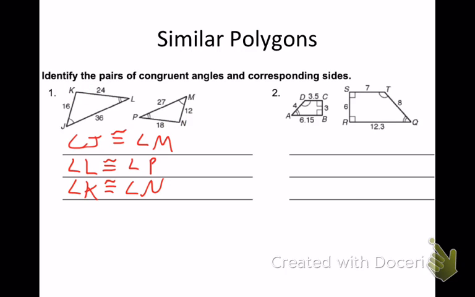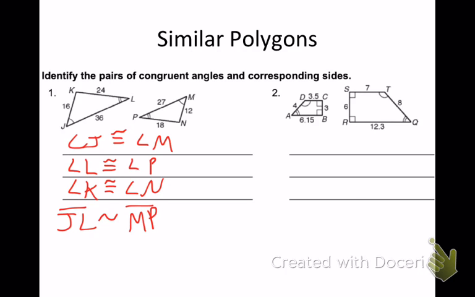Now let's talk about sides. What about JL? What would JL be similar to? MP. Why MP? Because you have 1 mark to 2 marks, right? So JL is similar to MP.